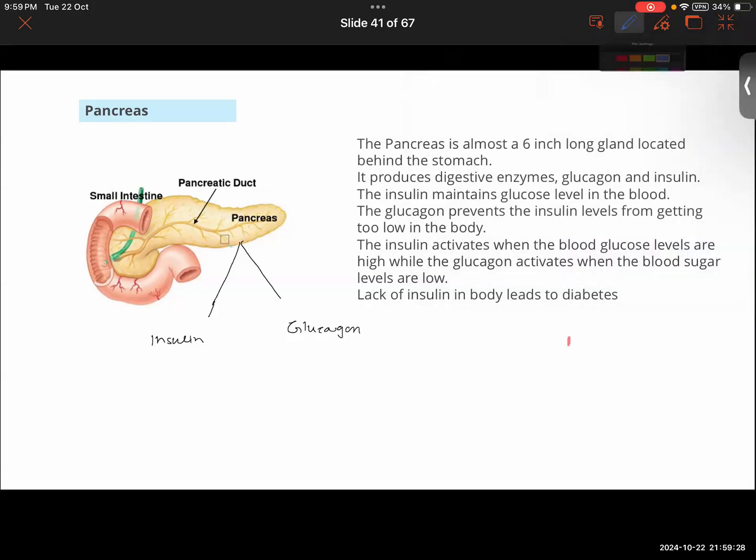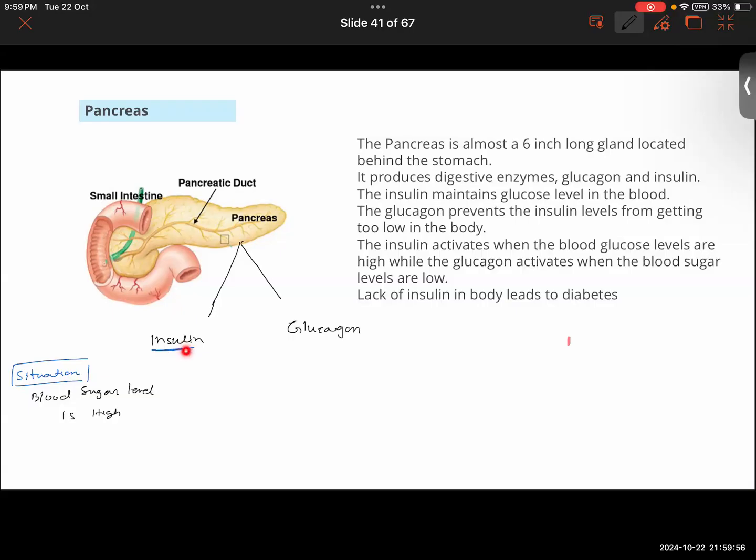So let me sum up what I have told so far. The situation here is such that the blood sugar or glucose, both are being used interchangeably here. Blood sugar level is high.